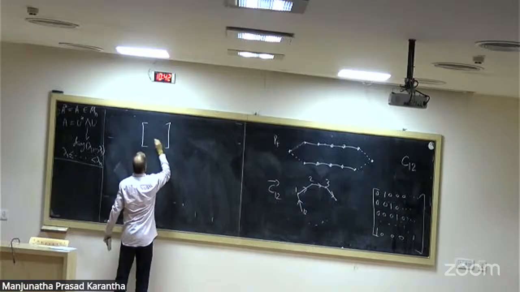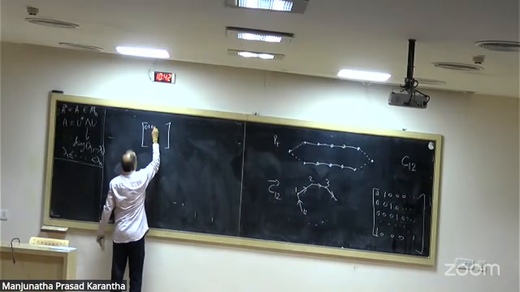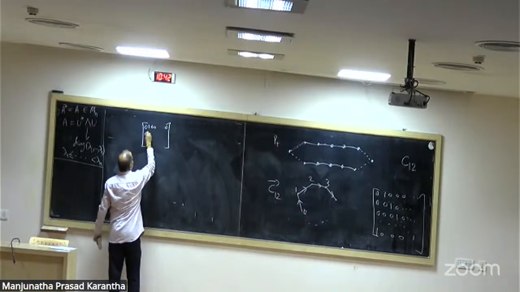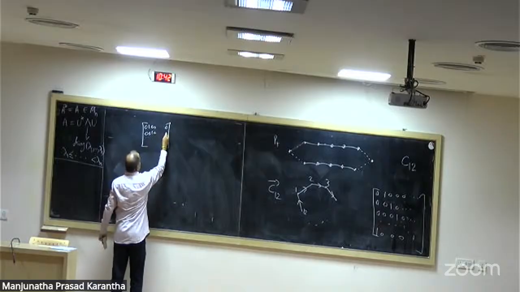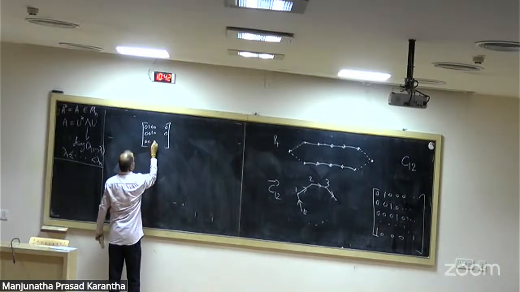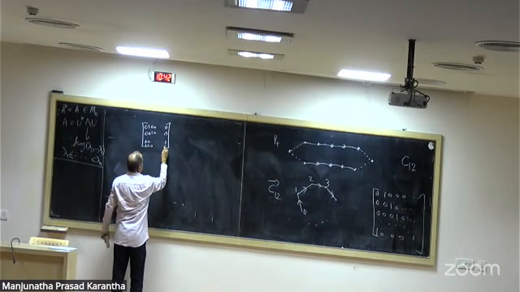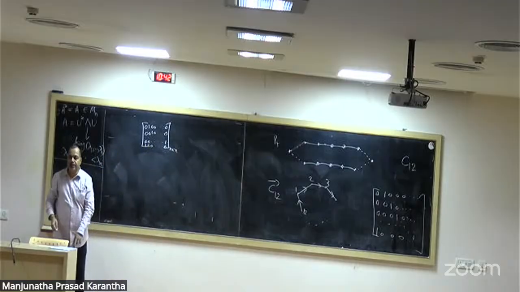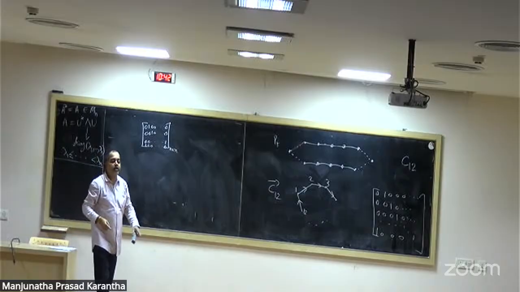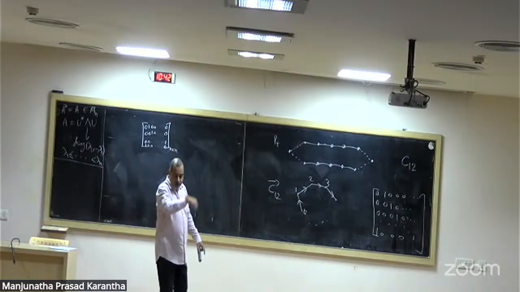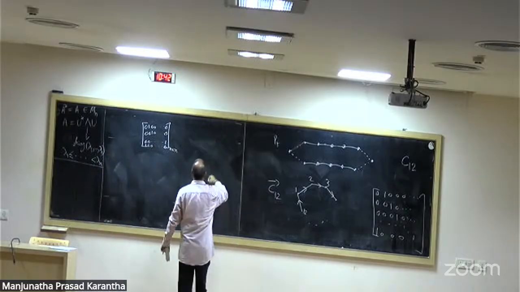If you have a matrix of this form, an n by n matrix, then try to find out the characteristic polynomial of this one. At least do it for 4.